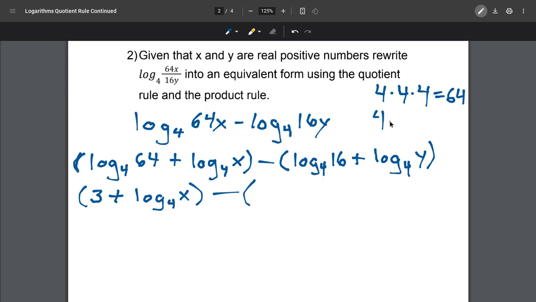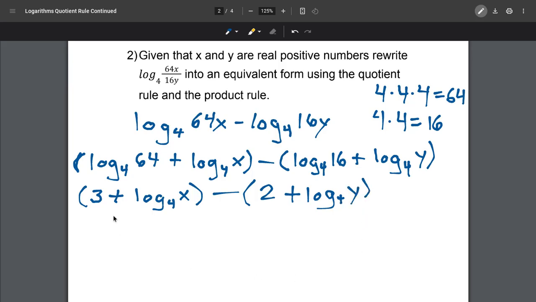Well, if I do 4 times 4, that's equal to 16. So we have two 4's multiplied together, so log base 4 of 16 is 2, plus then log base 4 of y.